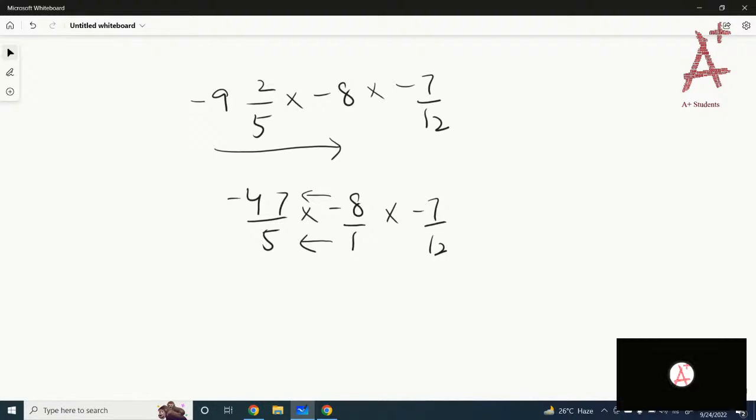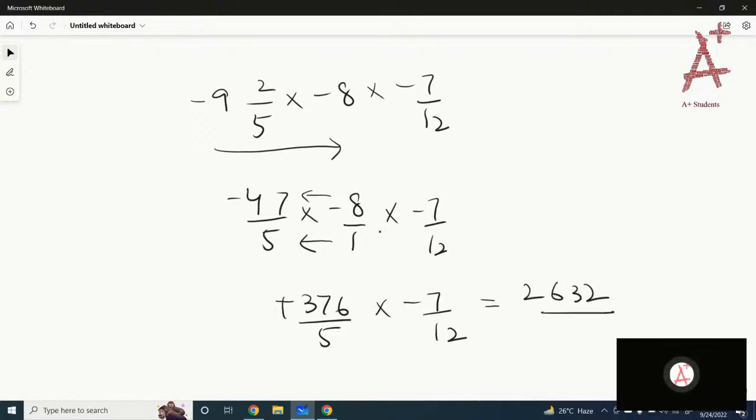So it would be 47 times 8. You are multiplying two negative numbers, so the answer must be positive. It would be 376 by 5 and multiply negative 7 over 12. Just multiply the numerators. Again, you are multiplying a positive and a negative number. So 376 times 7 is 2632 divided by 12 times 5, which is 60.